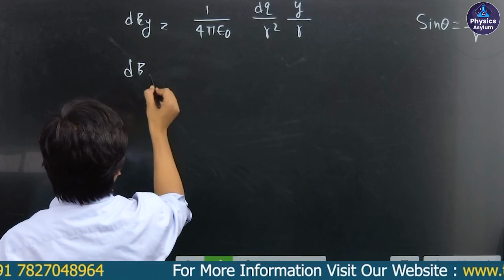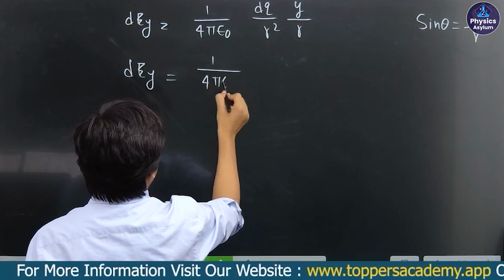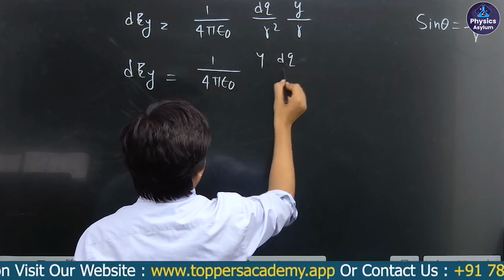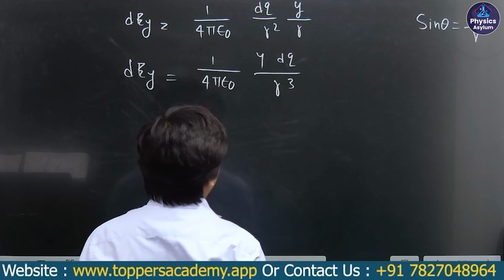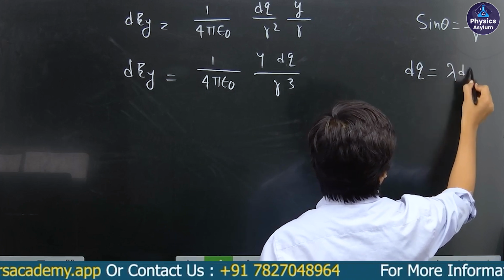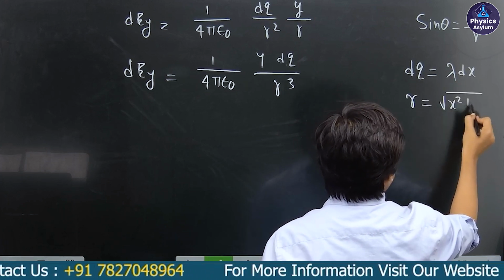So this dEy will be equal to 1 over 4 pi epsilon naught, y dq by r cube. Now what is dq? That dq is lambda dx, and r is the square root of x square plus y square.